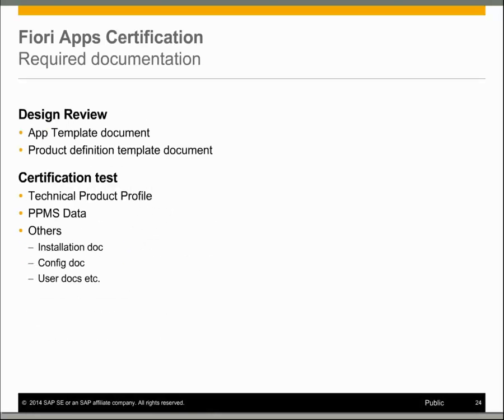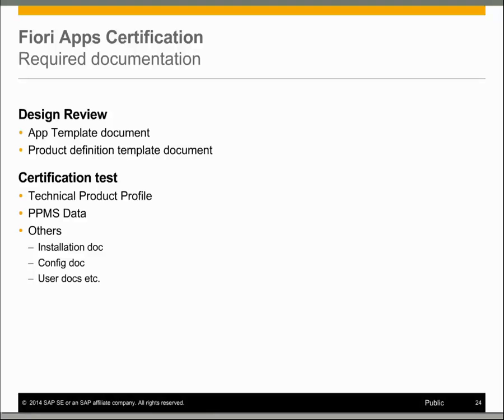In terms of documentation, there are two documents that you fill in for the design review. One is the app template documentation and the other is the product definition template document, which talks more about the UI aspects of your app and a little bit more about the functionality of your Fiori application.